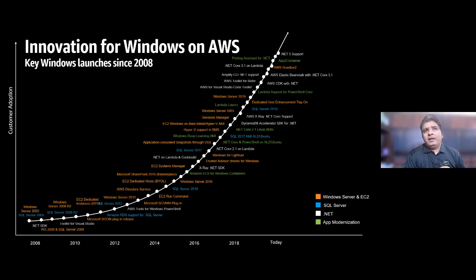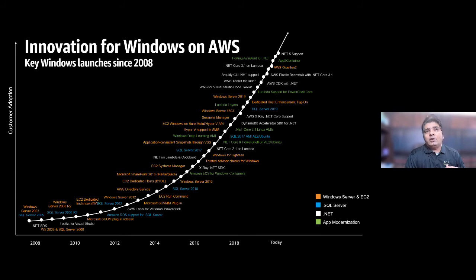But probably the most important and key reason is innovation. As you know, AWS was the first major cloud provider to offer Windows Server in 2008, four years before Azure.